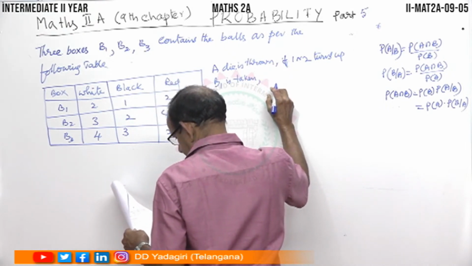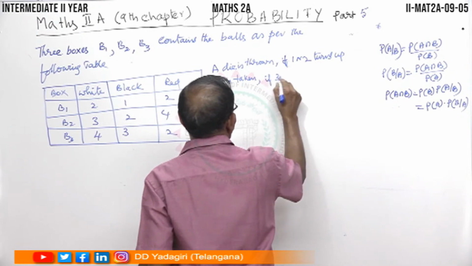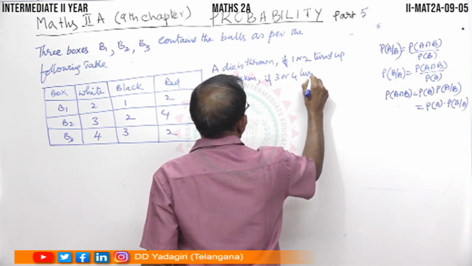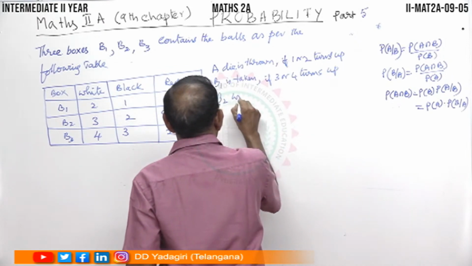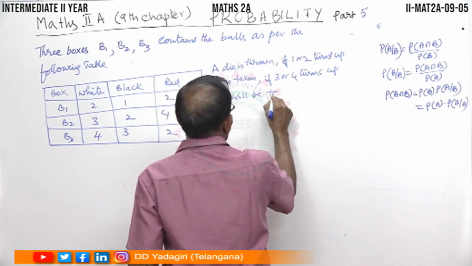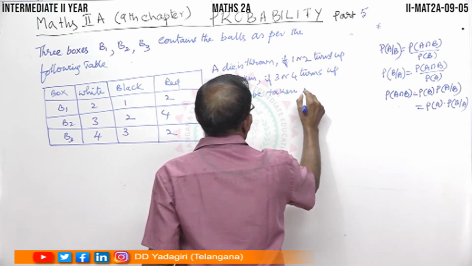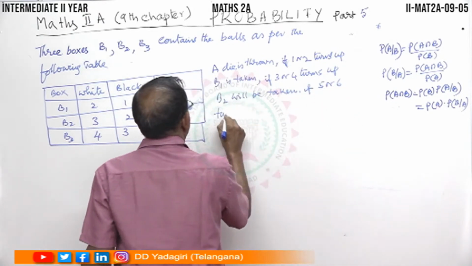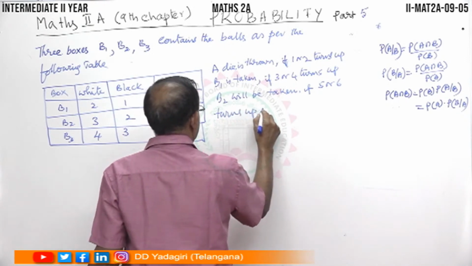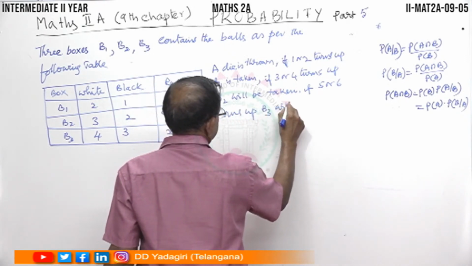If 3 or 4 turns up, B2 will be taken. If 5 or 6 turns up, B3 will be taken.